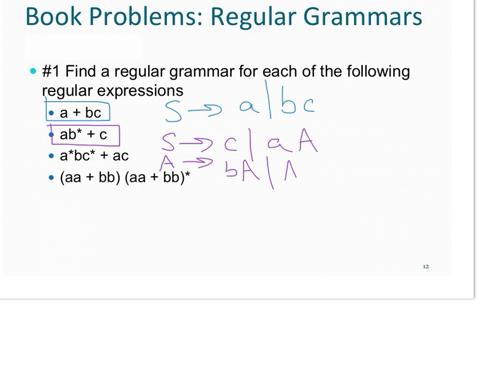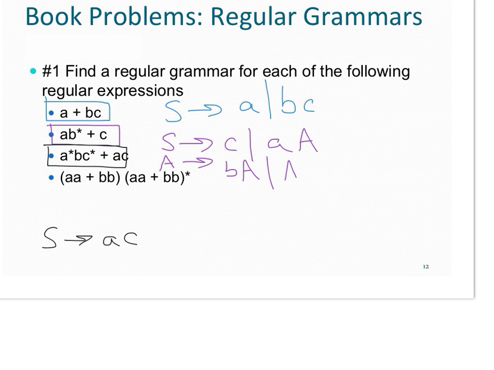So now I'm going to do this language here, which is a star bc plus ac. So for starters, I could just say S goes to aC, right? Because that's the easy one.